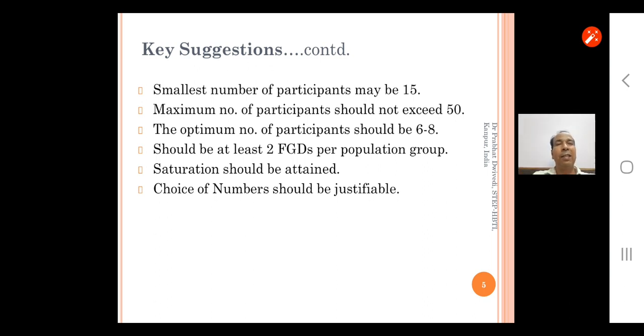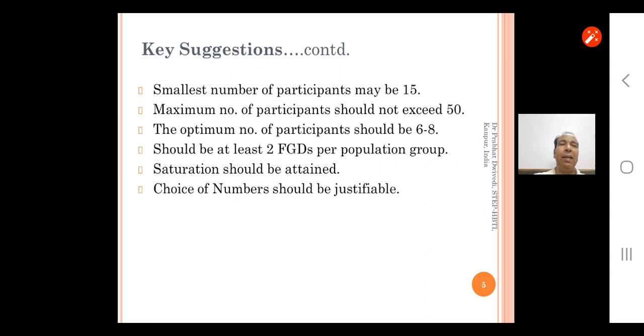That means the sample size for a qualitative study may be between 15 and 50, not less than 15, but not more than 50. Another key suggestion is the optimum number of participants in a focus group should not exceed 8 and should not be less than 6.